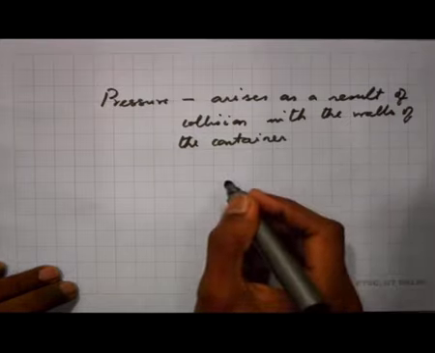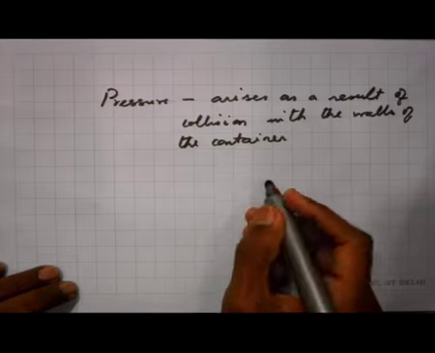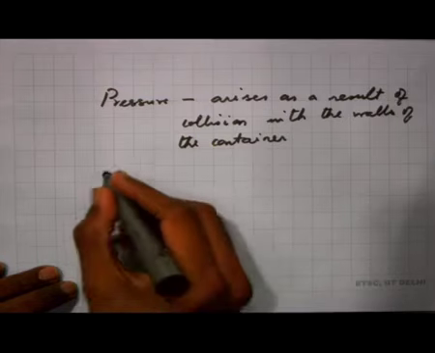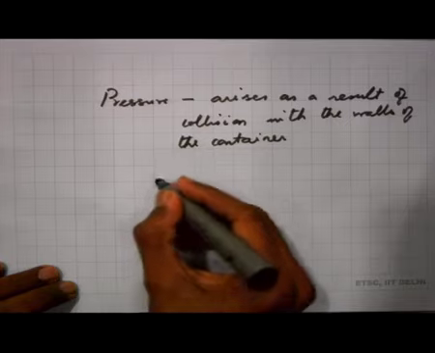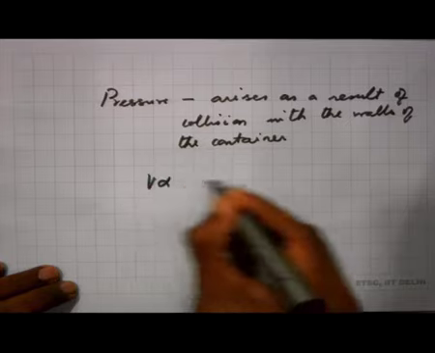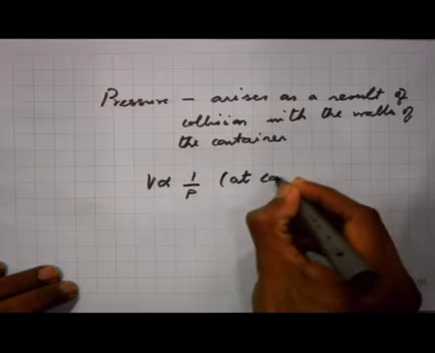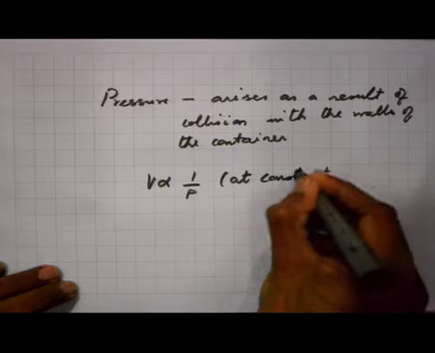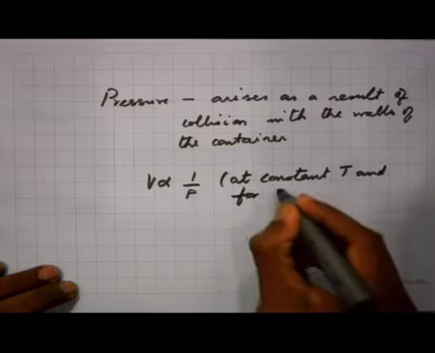What we said is that we would now like to try and derive the ideal gas, not derive, at least talk about the ideal gas equation. So, Boyle's law says that V is proportional to 1 over P at constant T and for fixed mass.